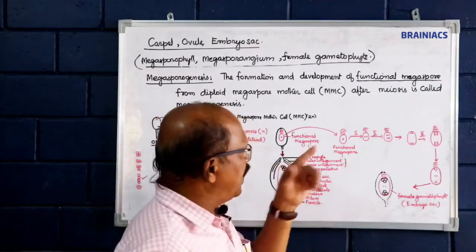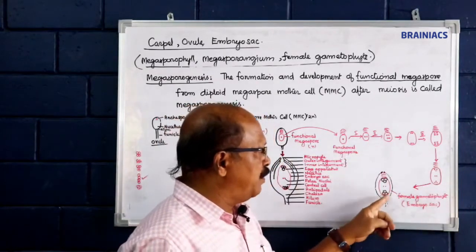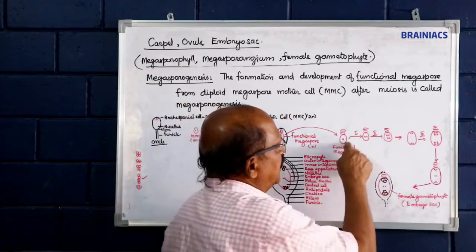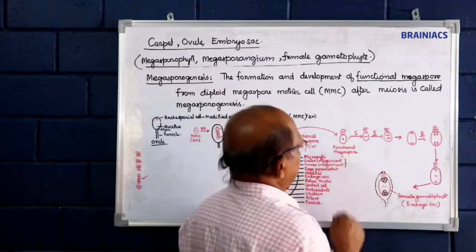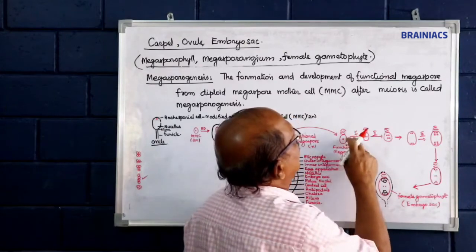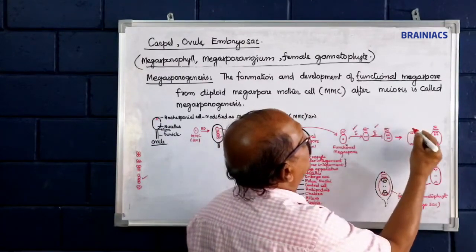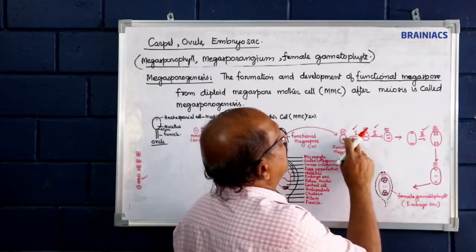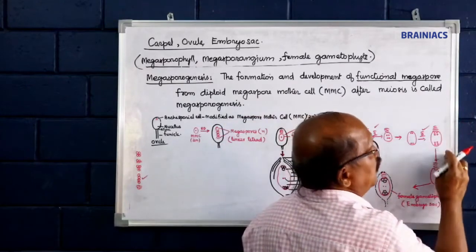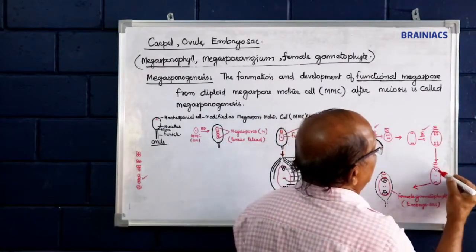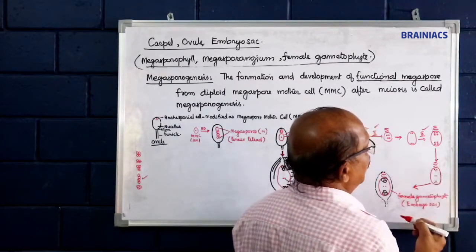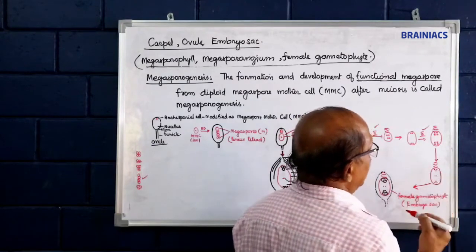And the development of the functional megaspore up to the formation of the embryo sac: these are disintegrated cells, and this one, enlarged in size, is the functional megaspore. Three successive divisions, 1, 2, 3, result in 8 nuclei, 4 each at opposite poles. 3 remain at the poles, and 1 each comes to the center from the poles.